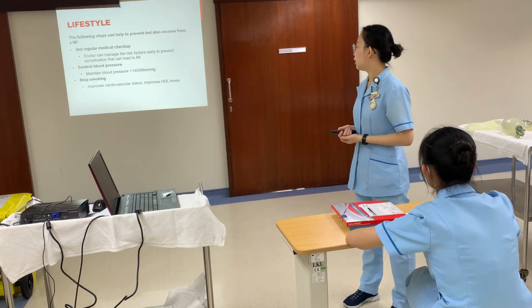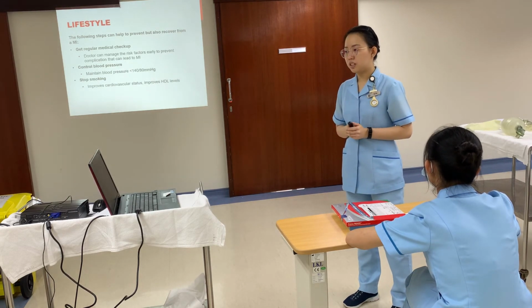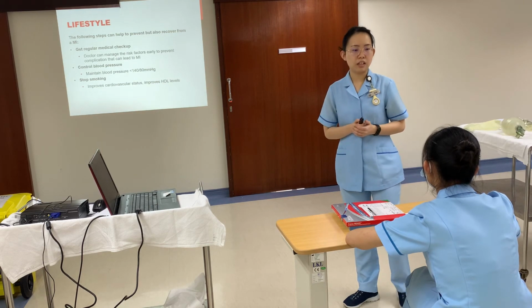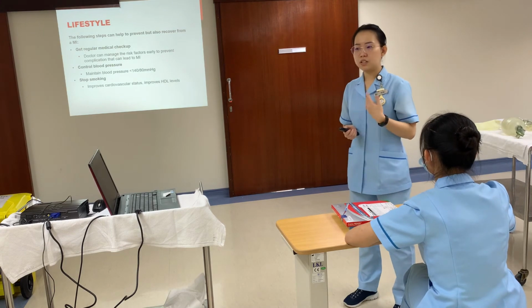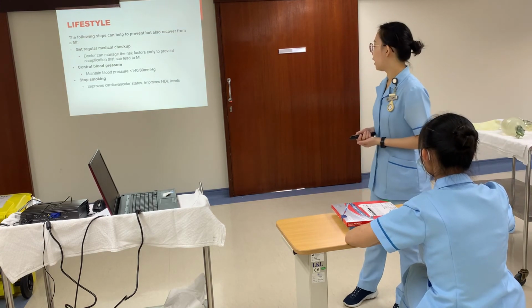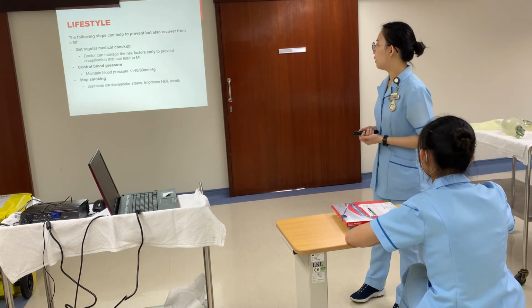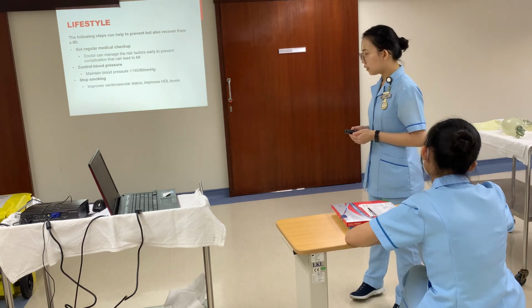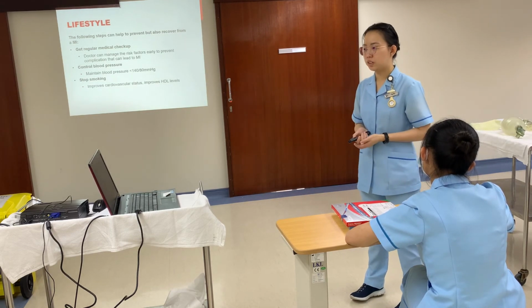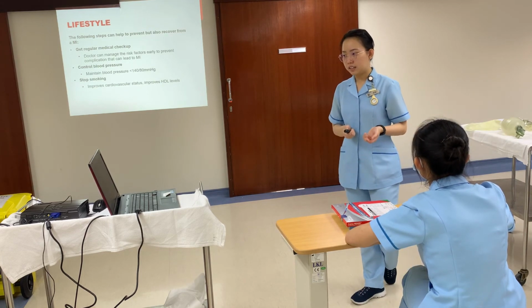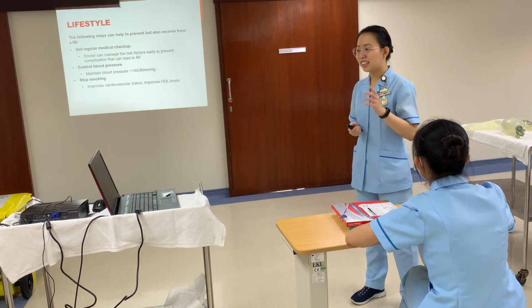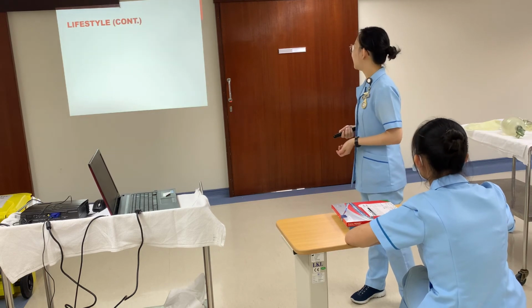Control the blood pressure, maintaining it less than 140 over 80 mmHg, and advise the patient to stop smoking, because stopping smoking can improve the cardiovascular status and improve the high density lipid level.